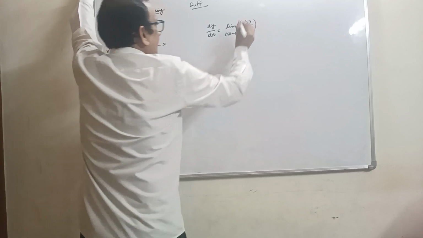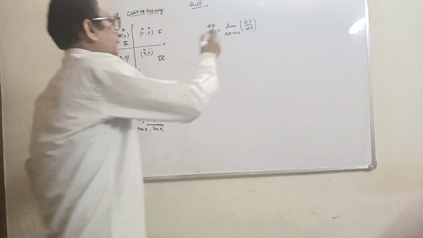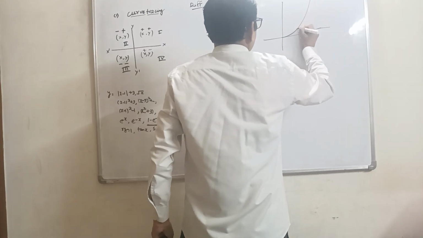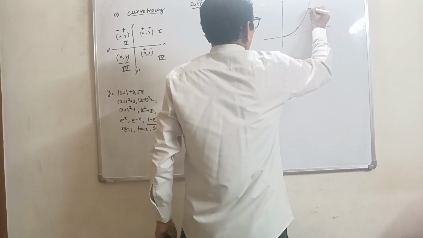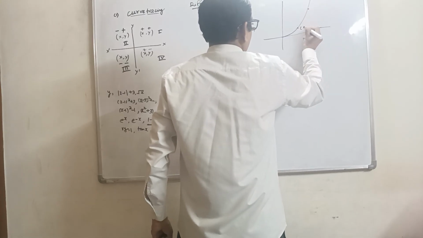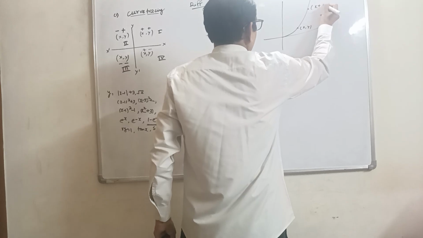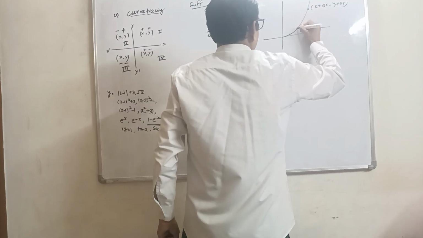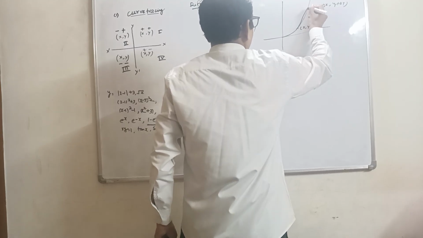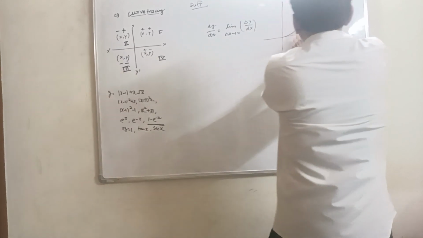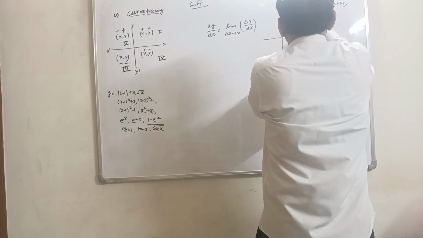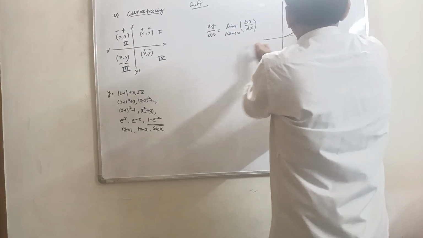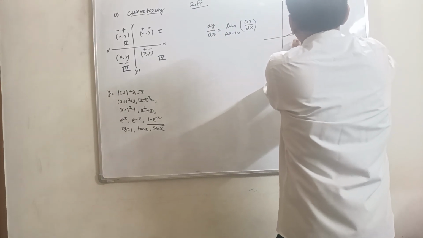Suppose this is a curve, this point is x, y and the other point is x plus delta x, y plus delta y. When these coordinates are far away, this is the joining line. When these two points, suppose P and Q, are very near, this would be dy over dx. So the points should be very close.